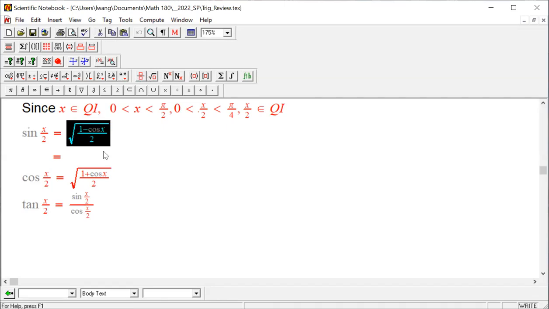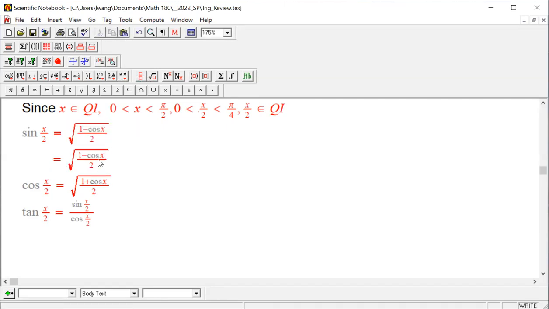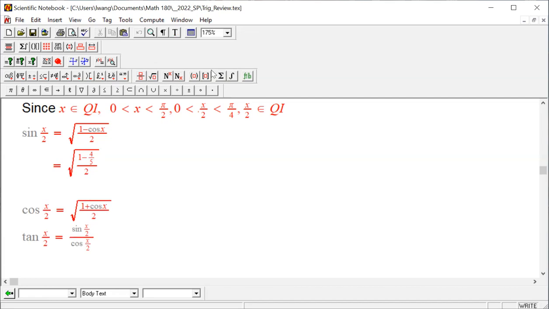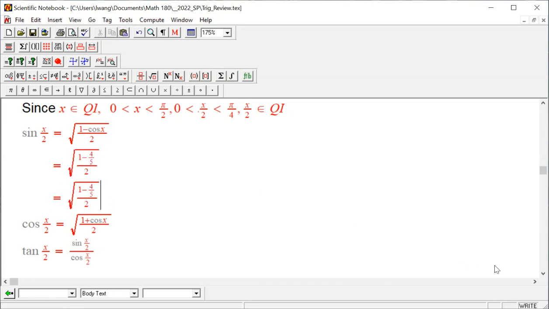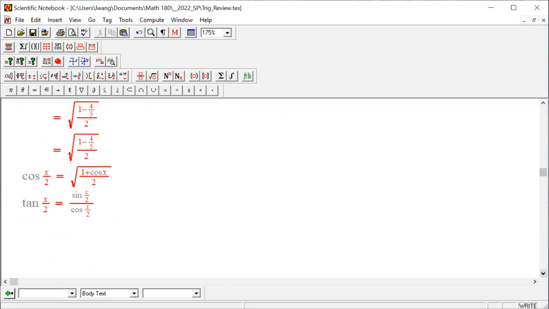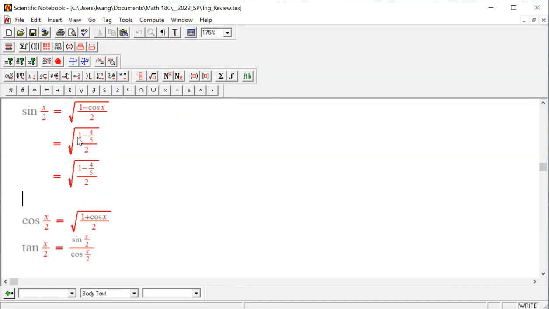Okay, so now let's plug in 1 minus cosine x, and that's going to be 4/5. Then simplify this expression, rationalize it as needed. When we are working with this fraction, look inside the parentheses.